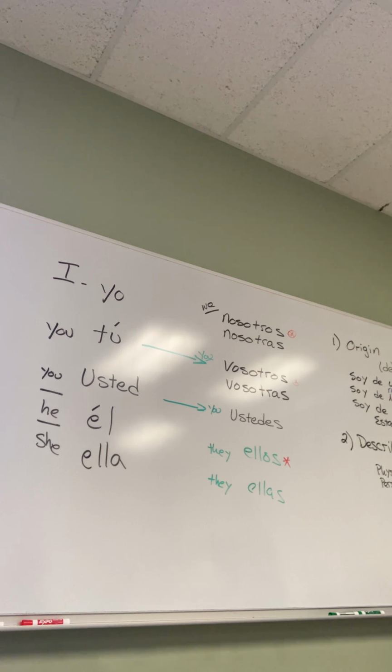So with Emma, I would say rápida. Ashton es curioso. He is curious. If it ends in any other vowel that's not O or A, like inteligente, ella es inteligente, she is smart. Él es inteligente, he is smart. You don't have to change it.